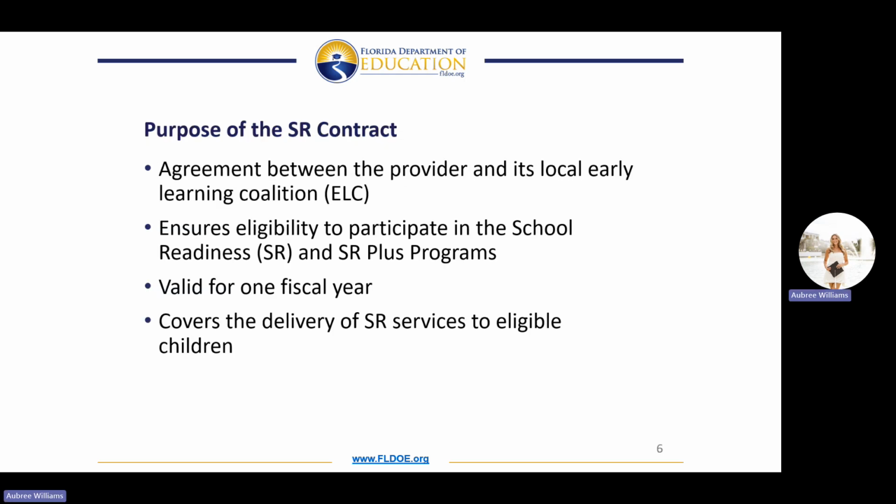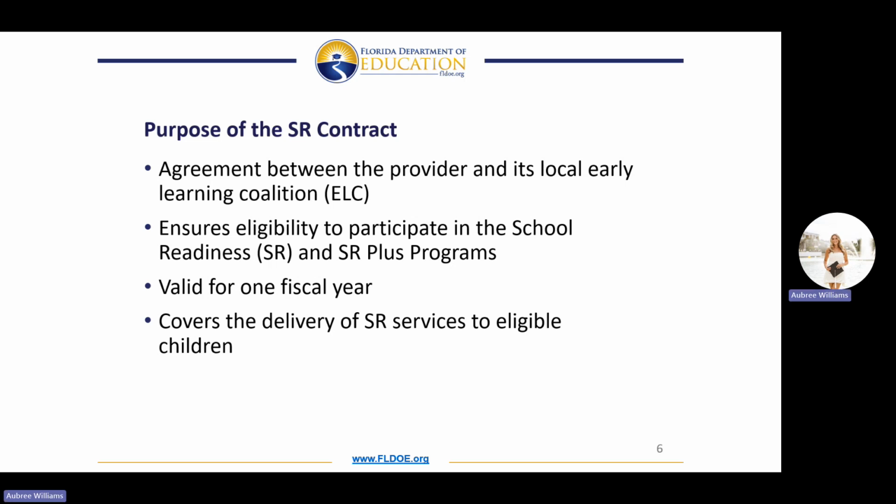Purpose of the SR contract. Agreement between the provider and its local Early Learning Coalition, ELC. Ensures eligibility to participate in the School Readiness SR and SR Plus programs. Valid for 1 fiscal year. Covers the delivery of SR services to eligible children.